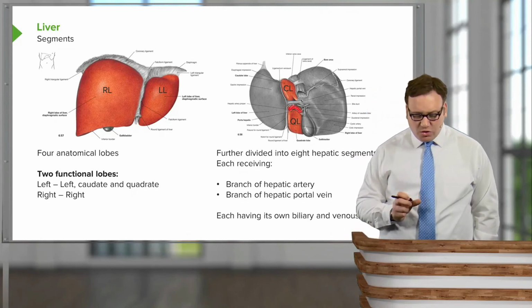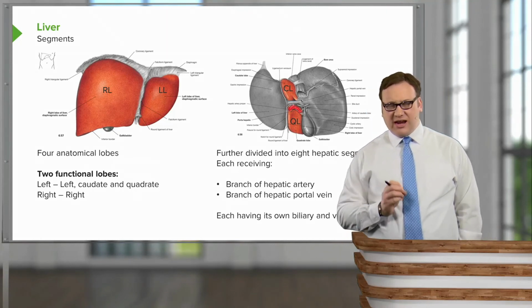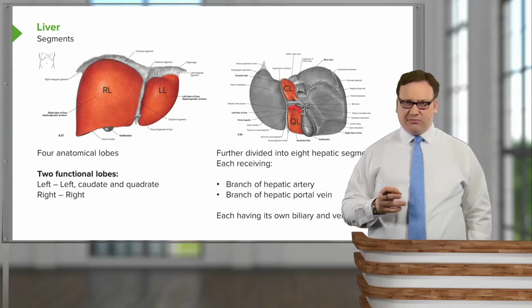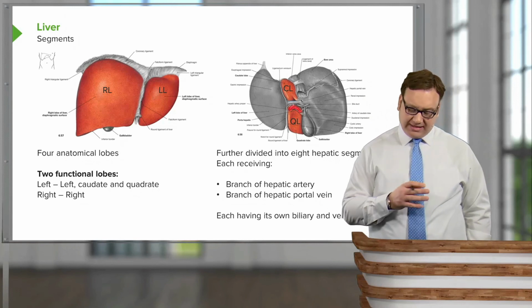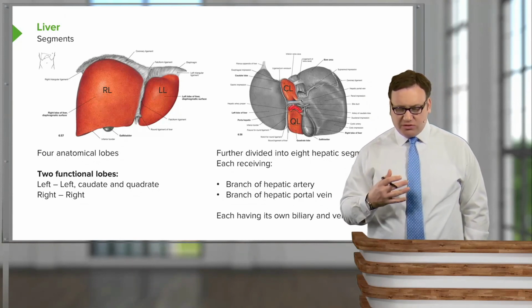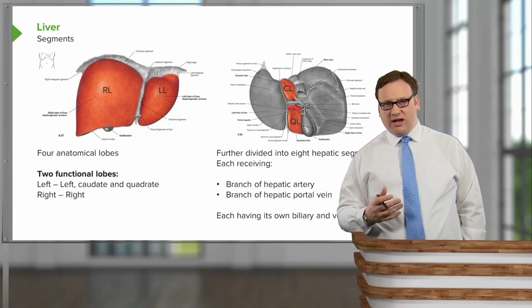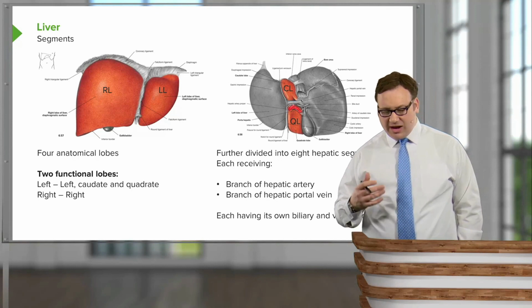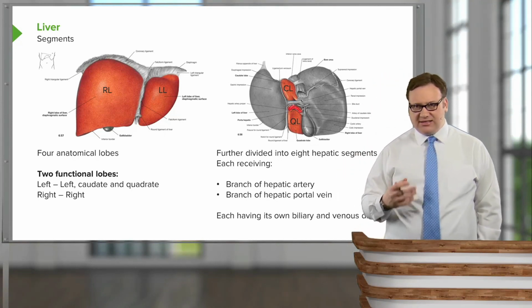So these two functional lobes will receive a left hepatic artery and a right hepatic artery. They'll also receive a branch from the hepatic portal vein. Within each of these functional lobes, the whole liver is then divided into 8 hepatic segments.